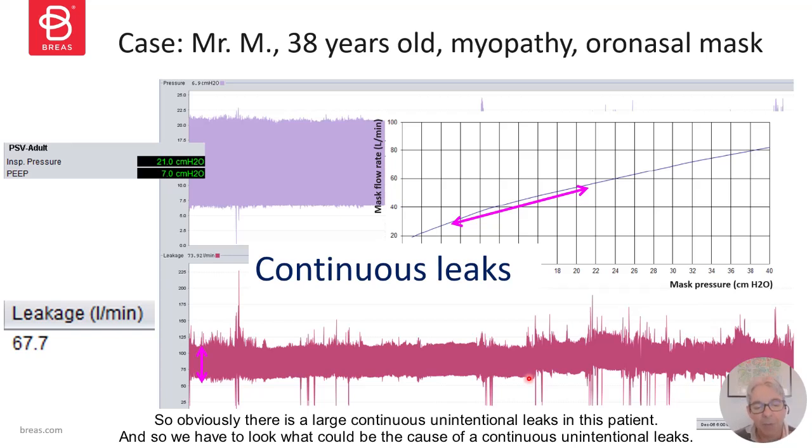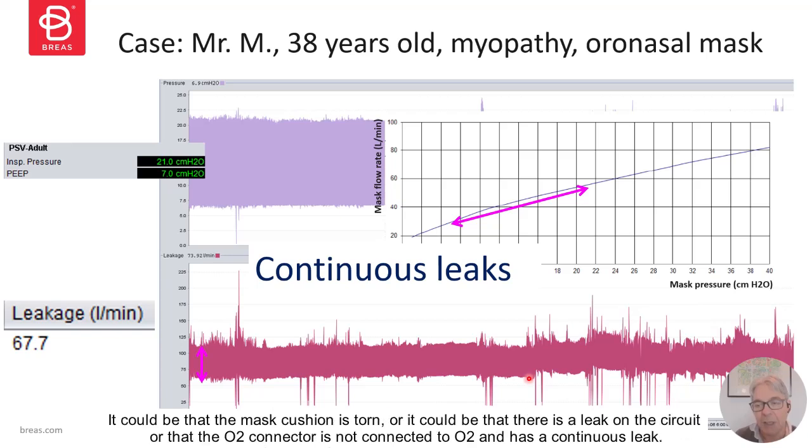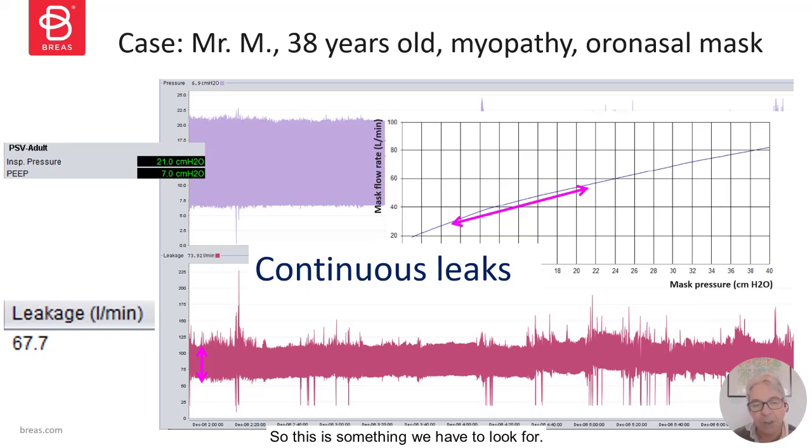And so we have to look at what could be the cause of a continuous unintentional leak. It could be that the mask cushion is torn, or it could be that there is a leak on the circuit, or that the O2 connector is not connected to O2 and has a continuous leak. So this is something we have to look for.